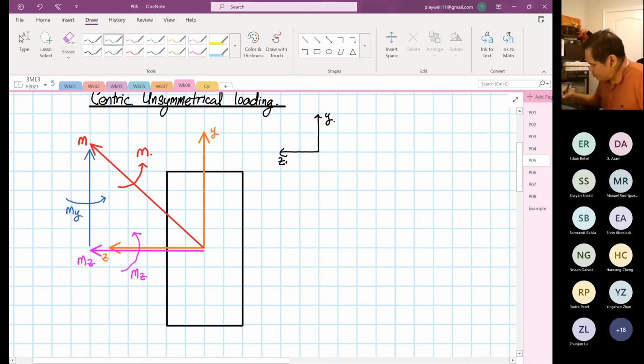So when you do this, what happens? Your Mz will now look like this. So this is compression.